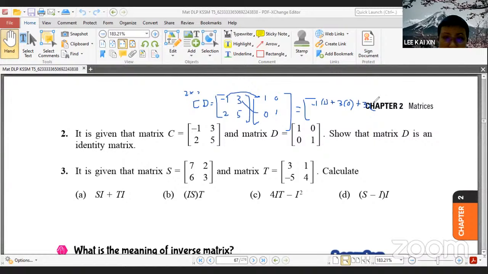Actually, 3 times 0 plus 3 times 1 plus 3 times 1. And then the down part here, it should be 2 times 1 plus 5, 0. Yeah.